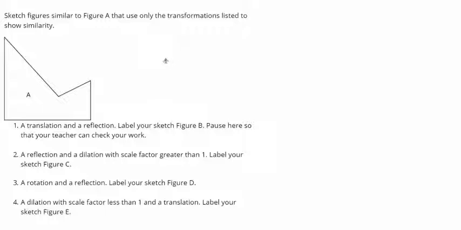Okay, this last one. It says sketch figures similar to figure A that use only the transformations listed to show similarity. So number one, a translation and a reflection. So I'm going to start by tracing this figure here.